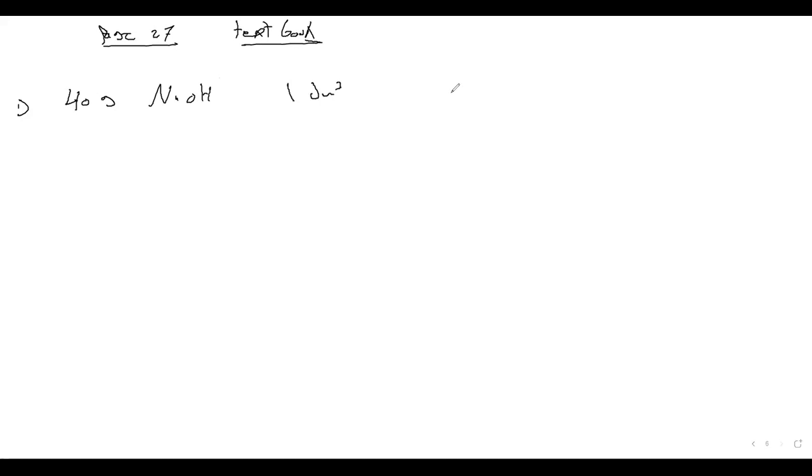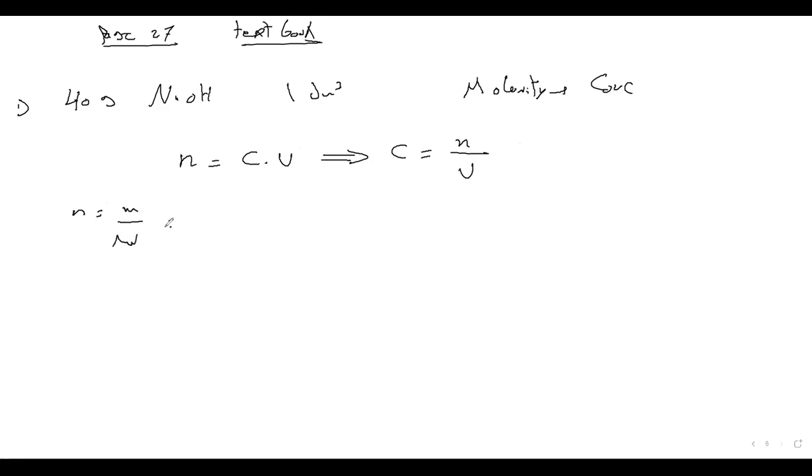What is the molarity? Molarity means concentration. So number of moles equals concentration multiplied by volume in decimeter cubed, so concentration equals number of moles over volume. Number of moles equals mass over molar mass.